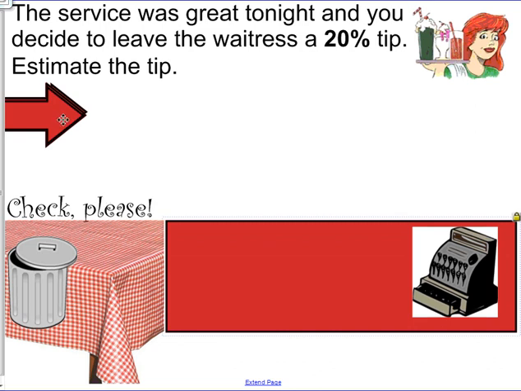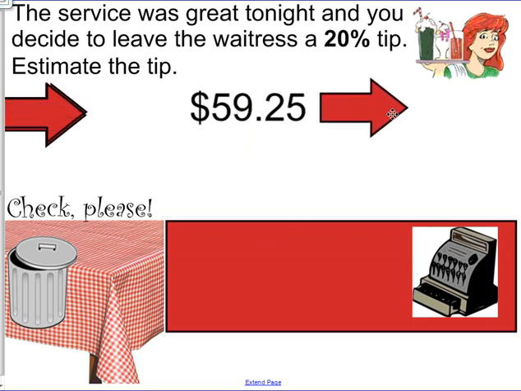Okay, so if my dinner cost $59.25 and I want to leave a 20% tip, I'm going to think 0.2, because that's 20% of, and I'm going to estimate my answer here.